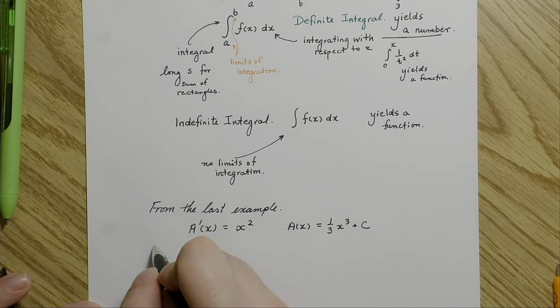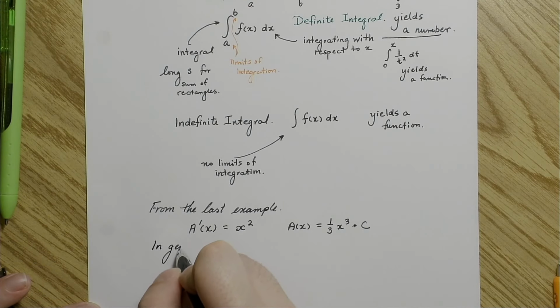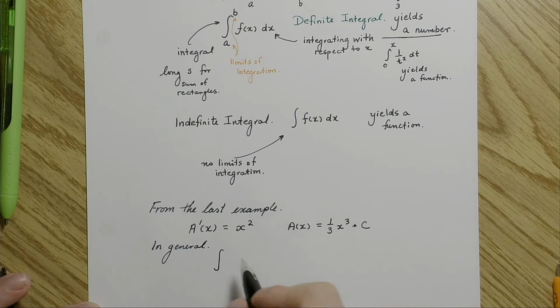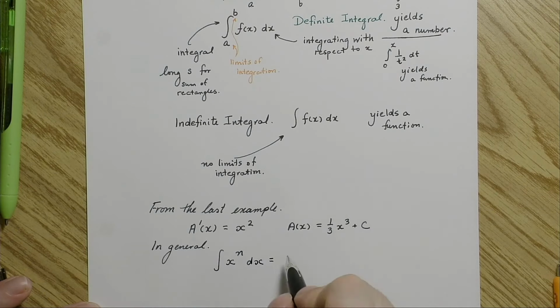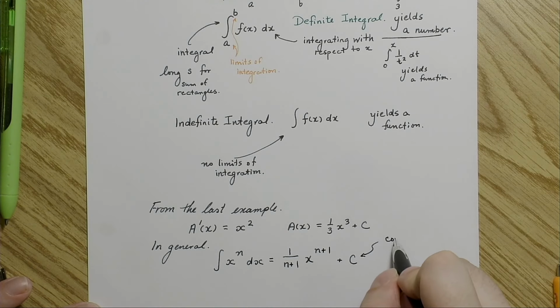So this is important. In general, if I'm integrating some function x to the n with respect to x, then it's equal to 1 over n plus 1 times x to the n plus 1, plus c. Remember, constant.